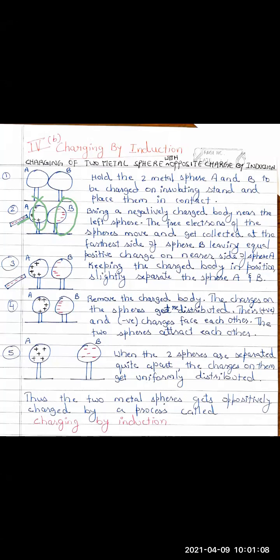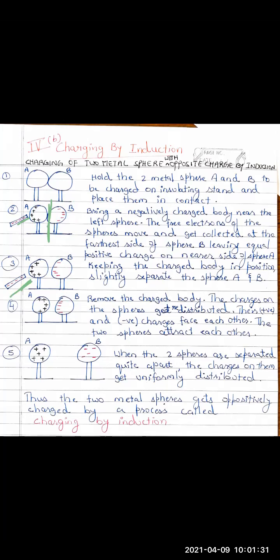Now what we are doing? Now in step 3, here you saw A and B were in contact. Now we are moving them slightly away from each other. We are separating them. So when we separate, see, the rod is still there. The rod stays in place and you separate them. So when you separate them slightly, what happens?